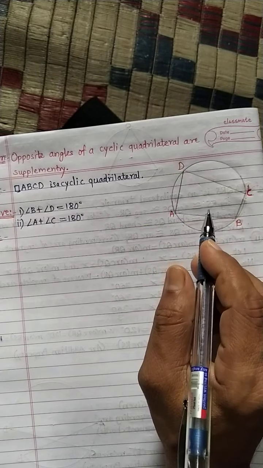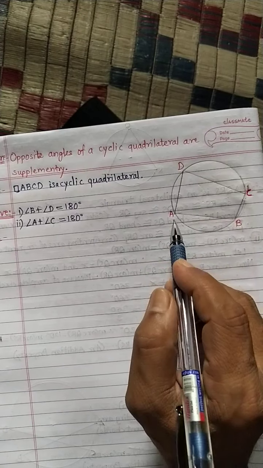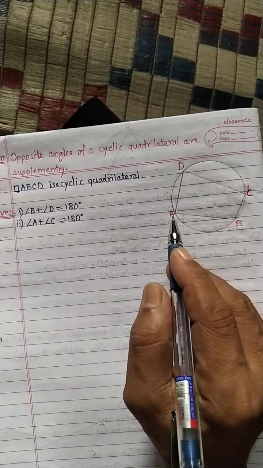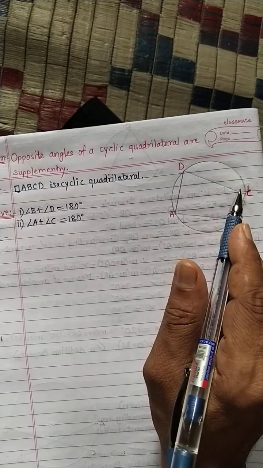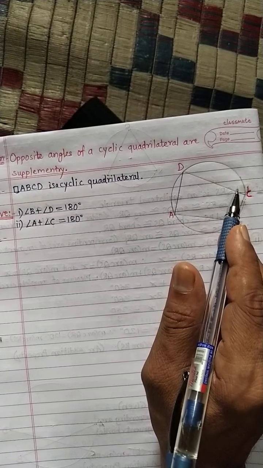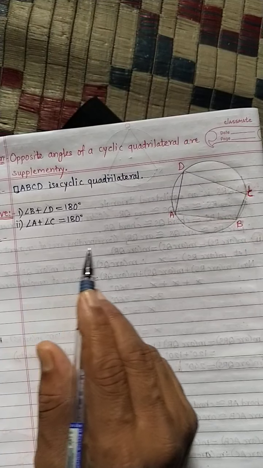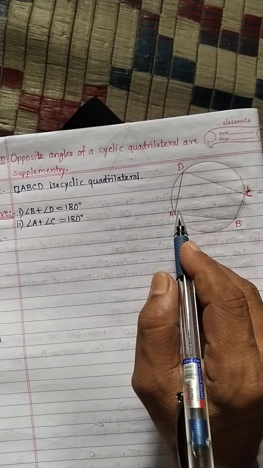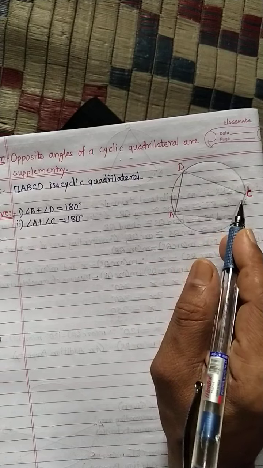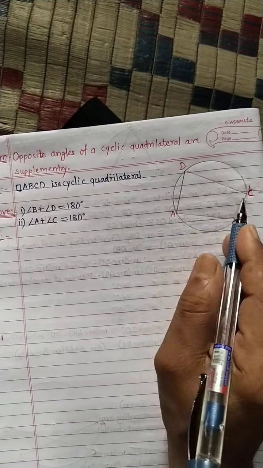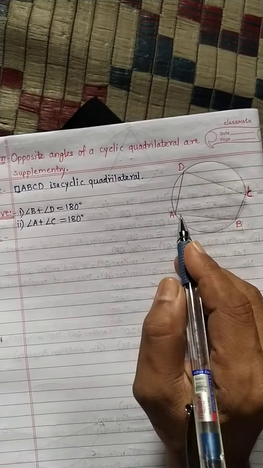So we can see that angle ADC plus angle ABC is equal to 180 degrees. Similarly, we can prove that angle A plus angle C is equal to 180 degrees.